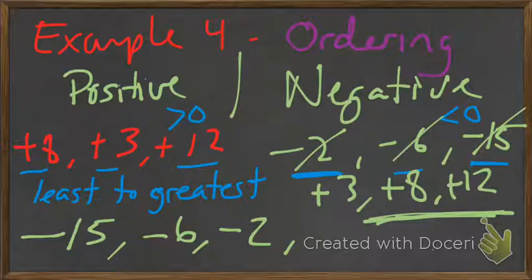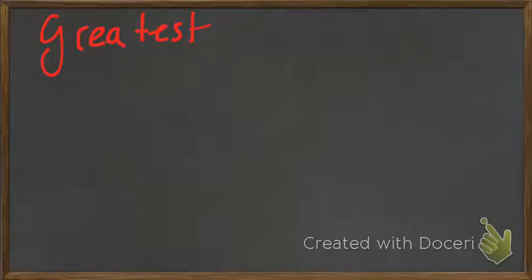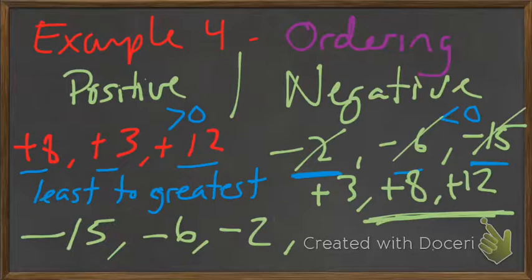If we wanted to order them from greatest to least, I'm going to do that on the next page. Greatest to least. And I'm going to have to take a look at my numbers again.